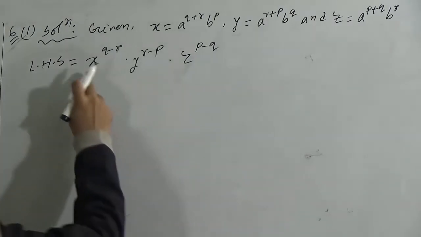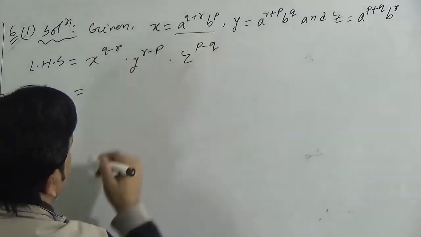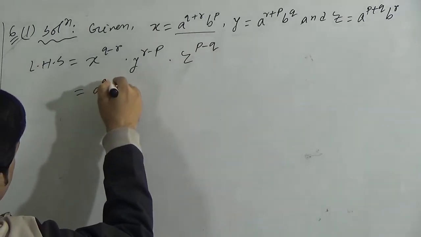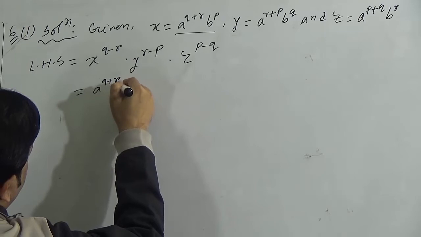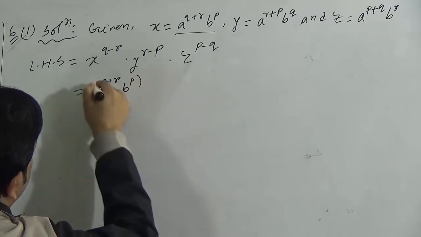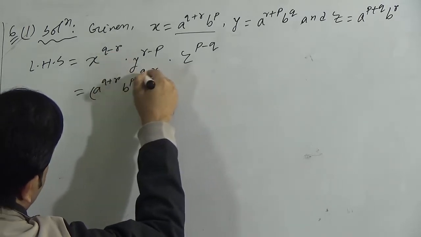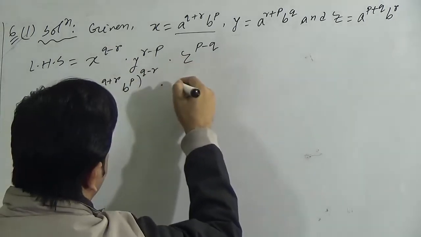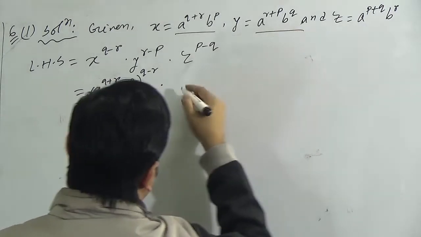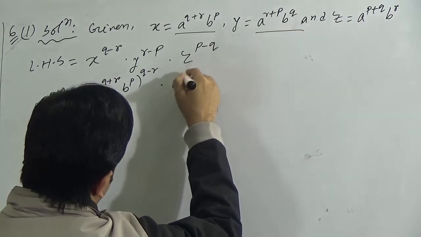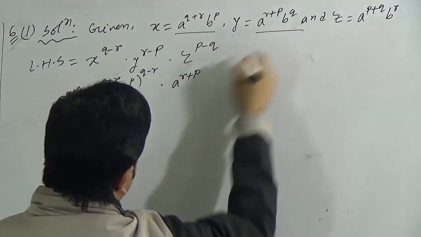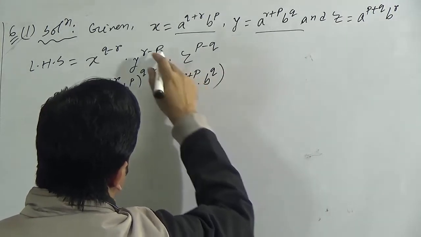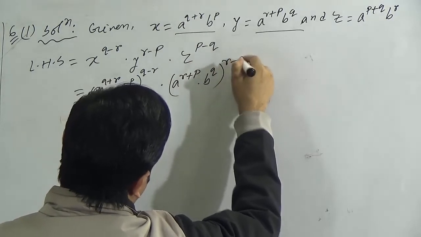So the value of x is a to the power q plus r into b to the power p, whole to the power q minus r. Now into, here is written y to the power r minus p, so the value of y is a to the power r plus p into b to the power q, whole to the power r minus p.